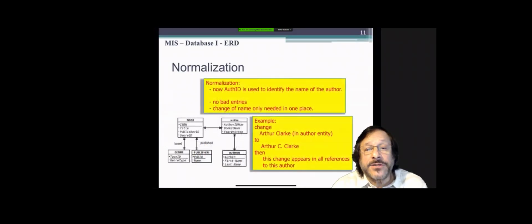So looking at this, now the author ID is used to identify the author. There are no bad entries. The change of name only needs to be in one place. Say I decide later on down the road that, instead of Arthur Charles Clarke, I want to have it stored as Arthur C. Clarke. Pre-normalization, I'd have had to go through and find every example of Arthur Clarke, Arthur C. Clarke, Arthur Charles Clarke, and change all of them.